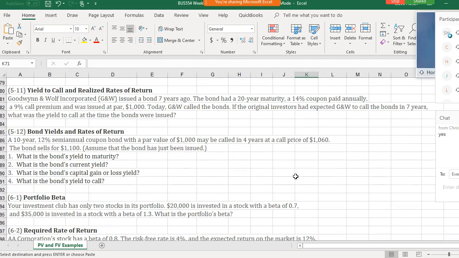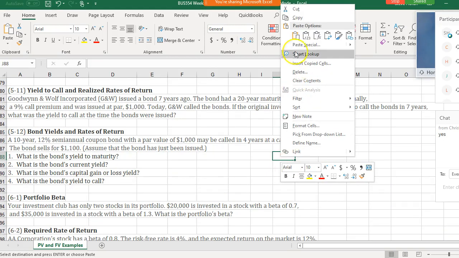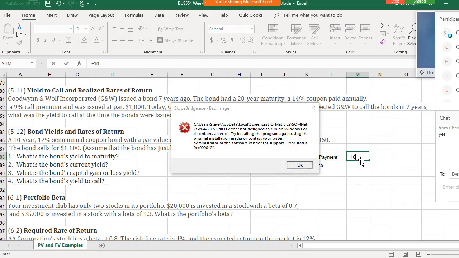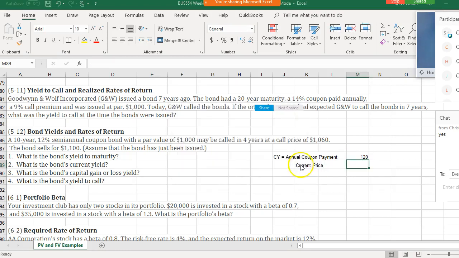And we'll go put that right here. Okay, so my annual coupon payment, that was 120. That was the 12% times 1,000. And I divide that by the bond price. And the bond price was pretty simple.